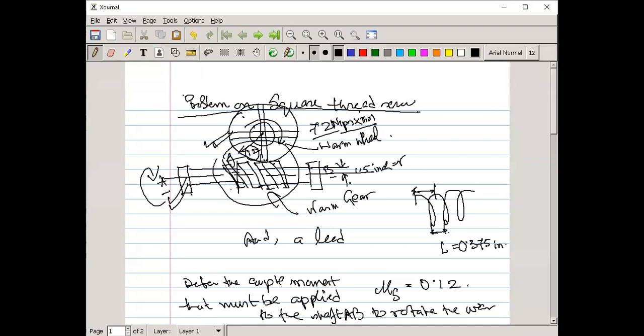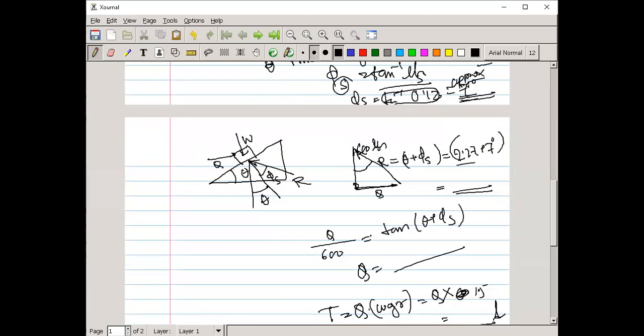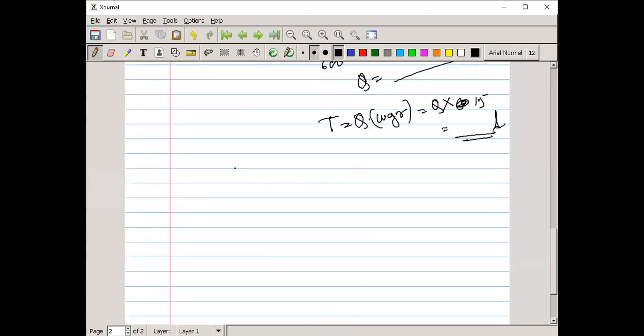No, sir. Okay. See, in the previous day we have already discussed the square threaded screw, no? So in the square threaded screw, you remember that previous day I showed you that this is a square threaded screw, and if a load is there, this type of thing I already discussed with you. And if we draw the equivalent diagram, then we made this type of thing.